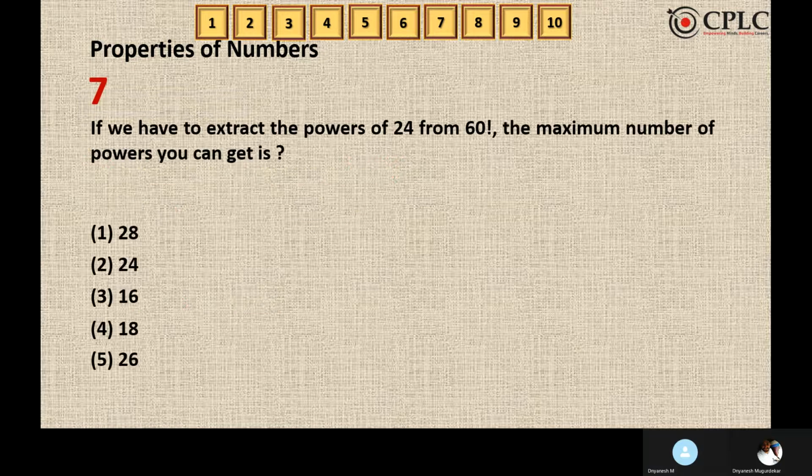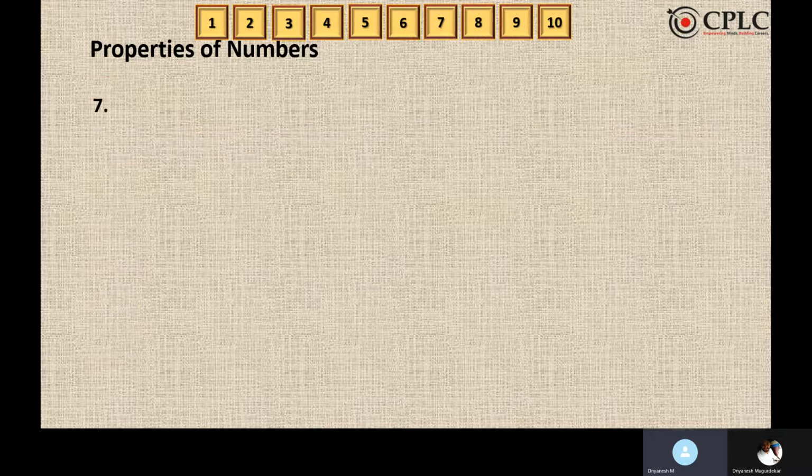Seventh one: the number of 24s that we can extract from 60 factorial. Now, obviously, 24 again is not a prime number. So 24 needs to be broken down by prime factorization, which is 2 cube and 3 raised to 1. Now here, obviously, we won't be able to do as in the previous case, where we looked only at the bigger number.